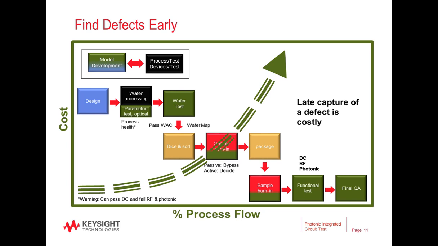Given the rising investment with each step, especially with the packaging step, and that investment might be 90% of the cost, it is essential to test and catch defects early because the cost goes up so much. And it's noted that devices, even early on, can pass DC tests and yet fail RF and or optical testing.